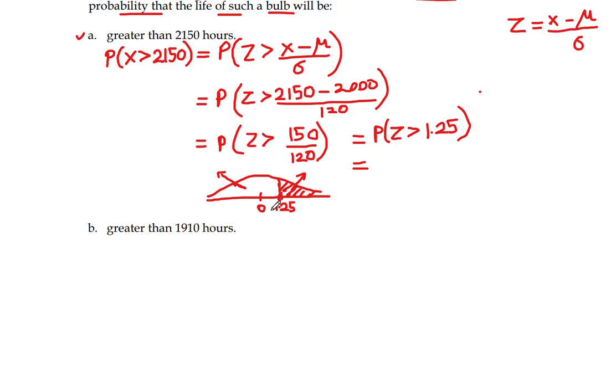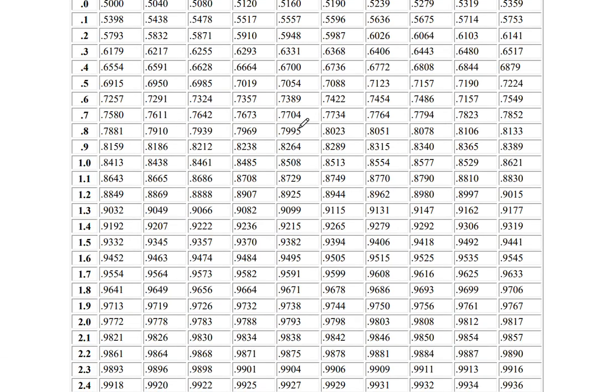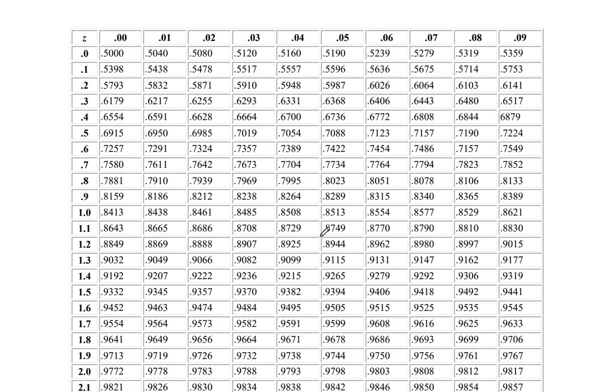But when you read from the standard normal table, what it will automatically give you, always and every time, is the area to the left, or the area less than a particular Z value.